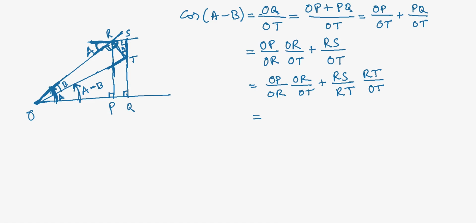OP by OR will be cos A. OR by OT, this angle is B, so cos B. Add RS by RT, which will be sin A. RT by OT will be sin B. Okay, we are done, right?